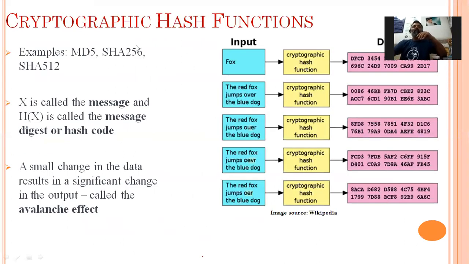There are several cryptographic hash functions available, like MD5, SHA-256, SHA-512. X is called the message, and H(x) we call the message digest or hash code. The requirement is that any small change in the data results in a significant change in the output. It is called the avalanche effect.